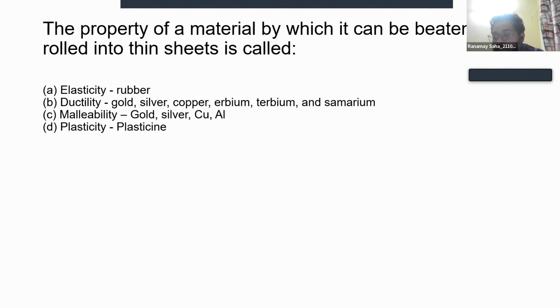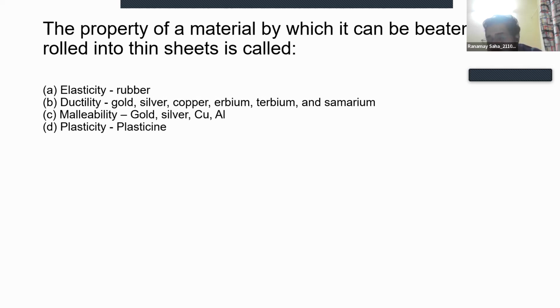We can hammer it or put pressure on it from the top so that the length and breadth dimensions increase and the thickness dimension reduces, right? So what happens is the material has higher compressive strength. So in the thickness region, it offers more resistance. So that's why the ductility is less and malleability is more.